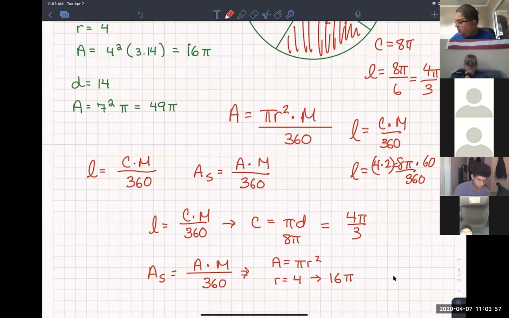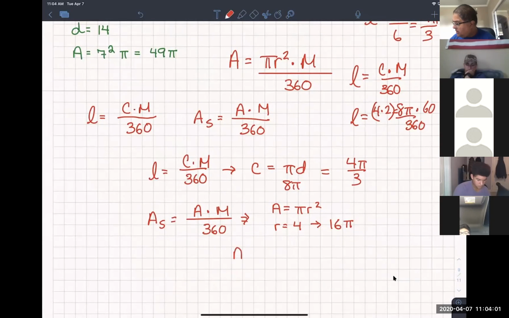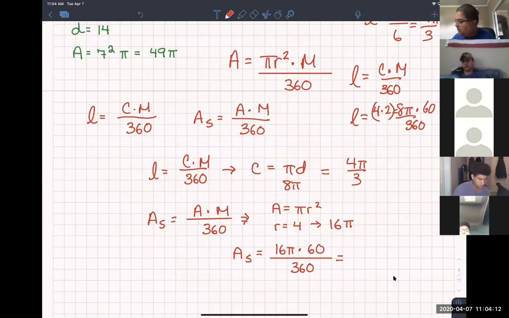Okay, so if you plug it in, the sector area is 16 pi times 60 divided by 360. Whatever that gives you, approximately 8.37.